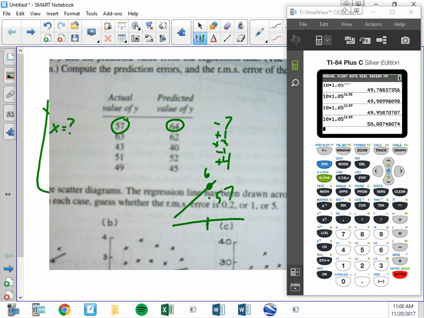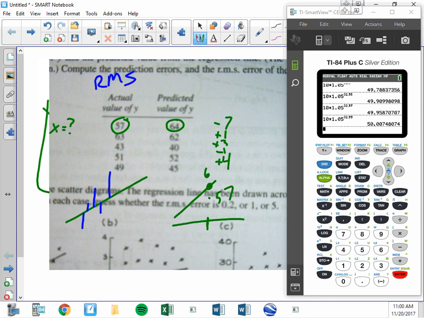Do the positives and negatives really matter? No, because what am I going to do to them? I'm going to square them all. So what we have done is we have said the first one was 7 low, and then up 1, and then up 3, and then down 1, and then up 4. And then we're going to square all of those, add them all together, divide by 5, and then take the square root, and that will give us what is called the RMS error.